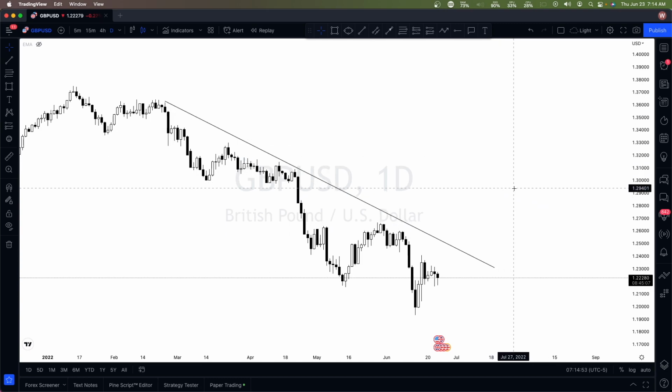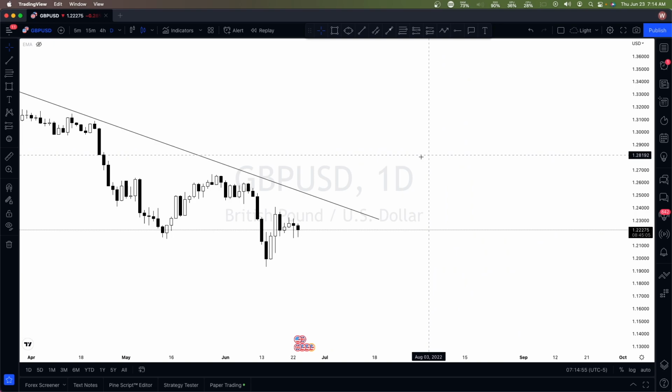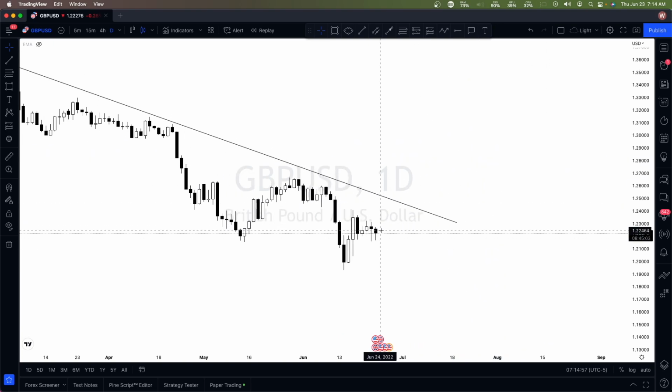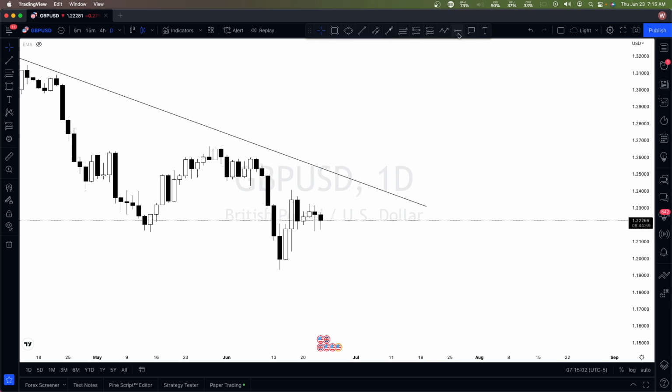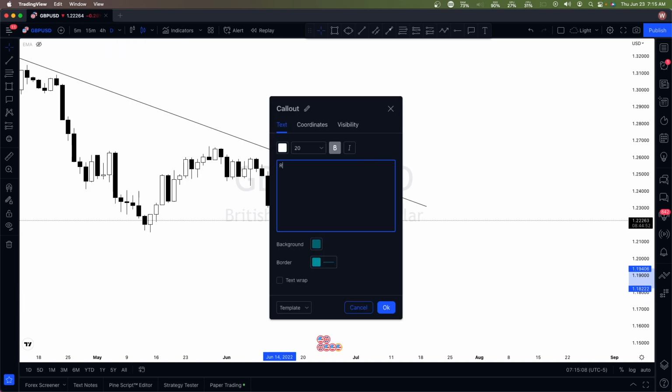So that's the trend, and we're going to look for the recent low and high. Right here, the recent low is down here. So call this recent daily low.